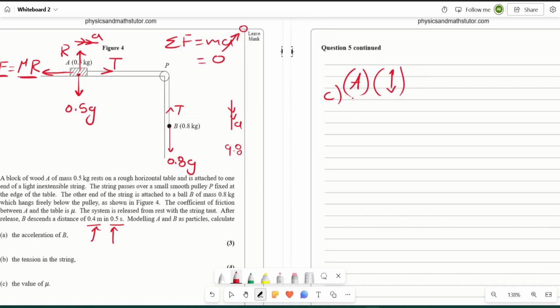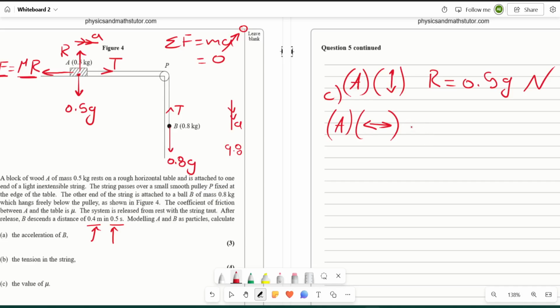So when I resolve, the forces are going to be balanced. So the upwards force is going to equal the downward forces, so the reaction is going to equal 0.5g newtons, and that's it. For A now, in the left and right direction, I'm no longer having an acceleration of 0. I actually do have an acceleration in the horizontal direction.